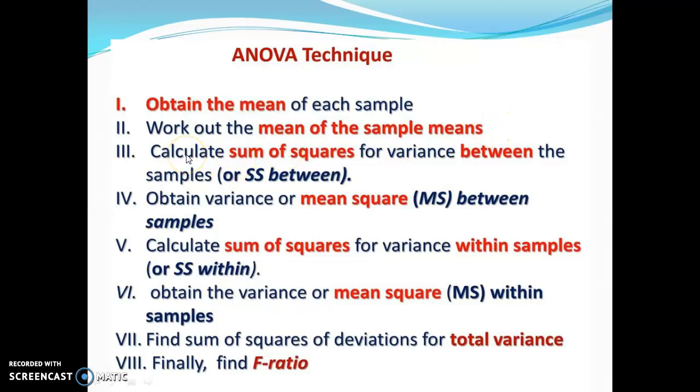Then calculate the sum of squares between the samples. Now step 4, obtain the variance, that is sigma square or mean square, MS, between the samples.